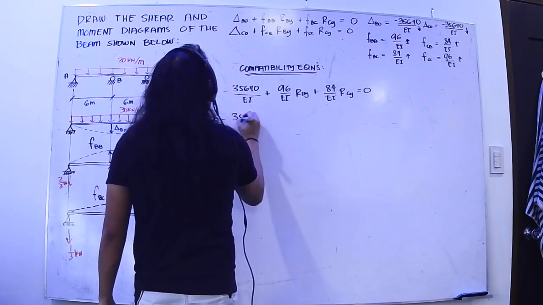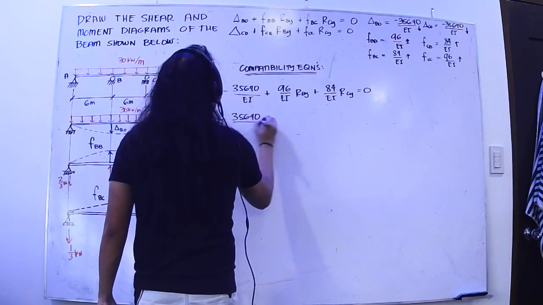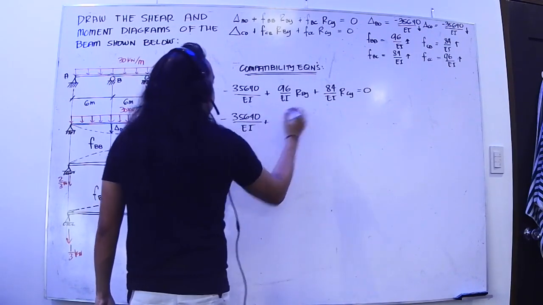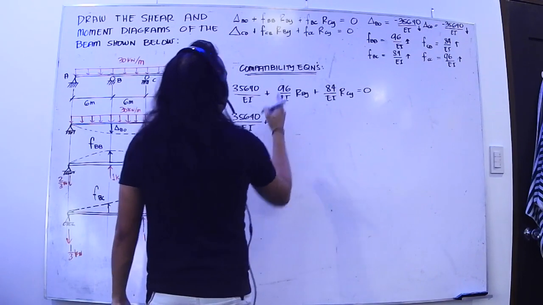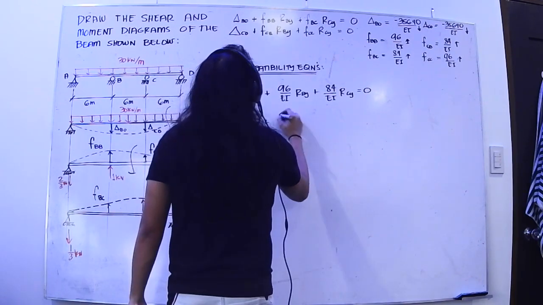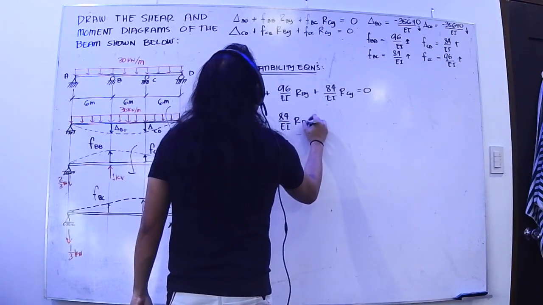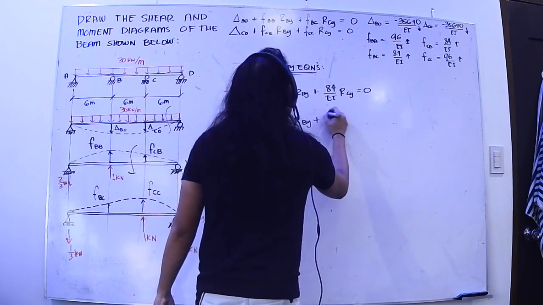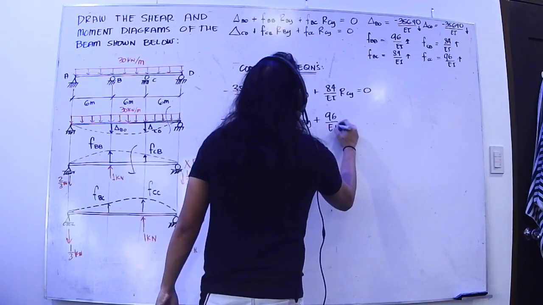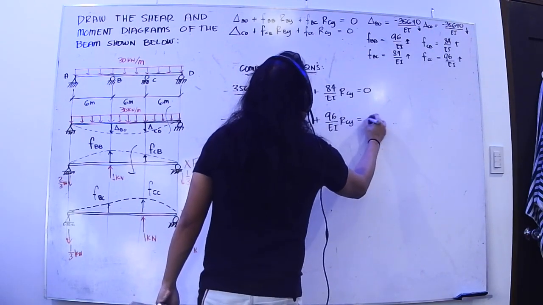So this is 35640 divided by EI plus FCB, 84/EI, RBY, plus FCC, which is 96/EI, RCY, equal to 0.